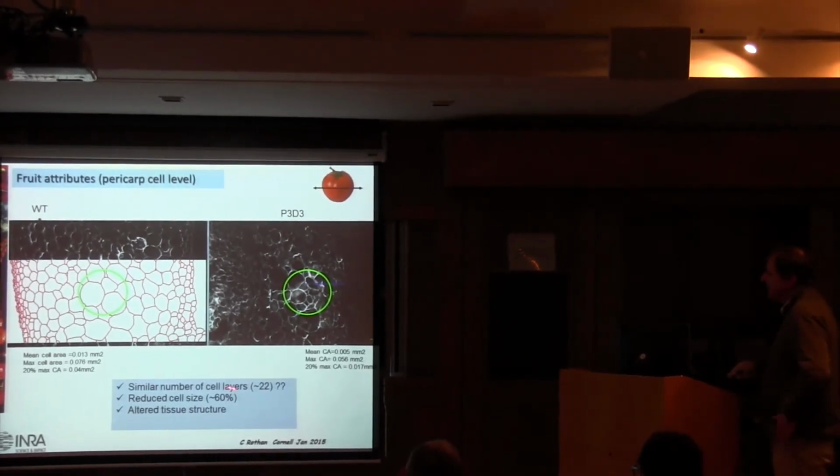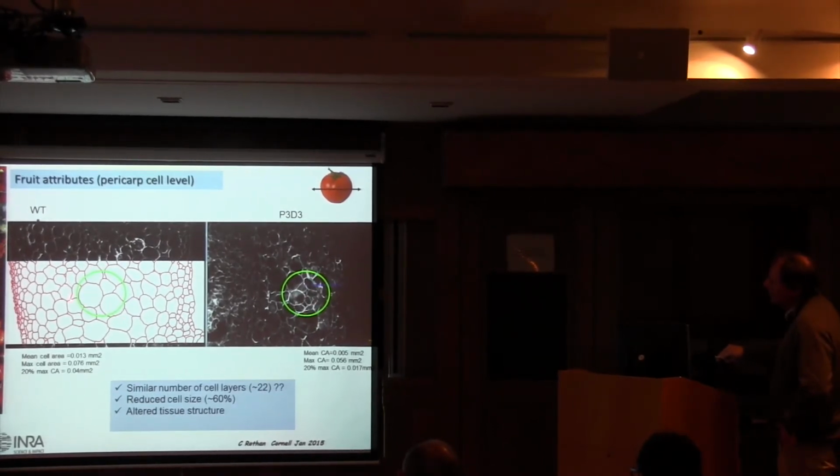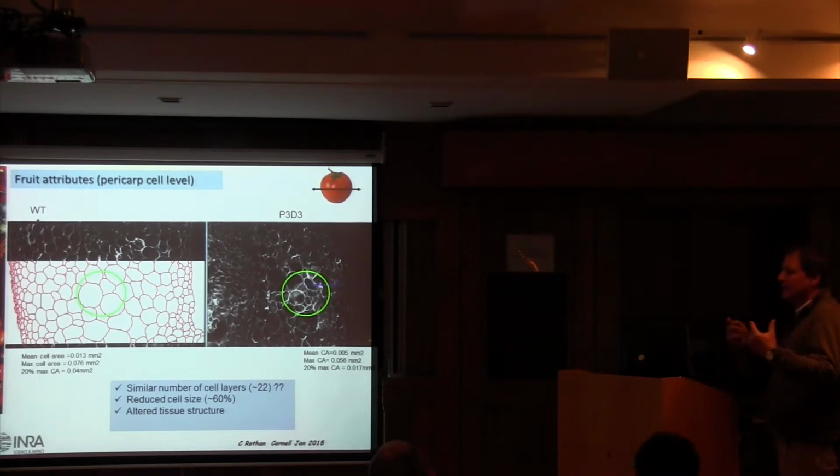number of cell layers. But what we saw, and it's not clear from here, this is wild type. You look in the mesocarp, you have only large cells, except around the vessels. But in the mutants, what we saw is that some of these cells, instead of differentiating, expanding, and so on, are still undergoing cell division.